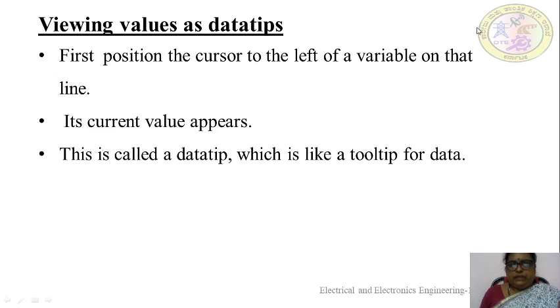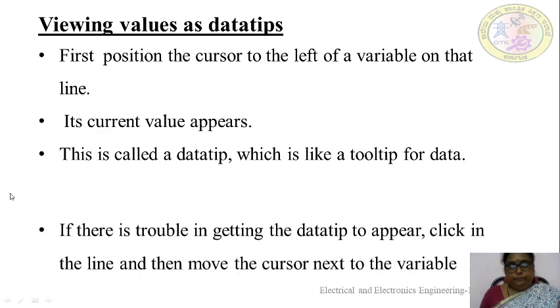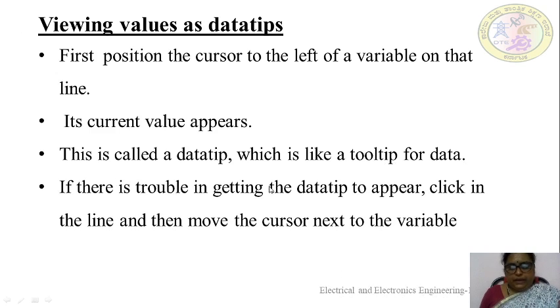So it comes in a certain dialog box where you can see the data there. If there is trouble in getting the data tip to appear, click in the line and then move the cursor next to the variable.